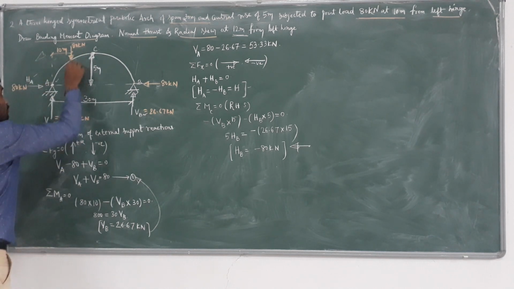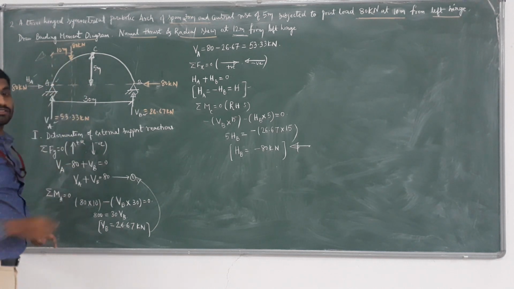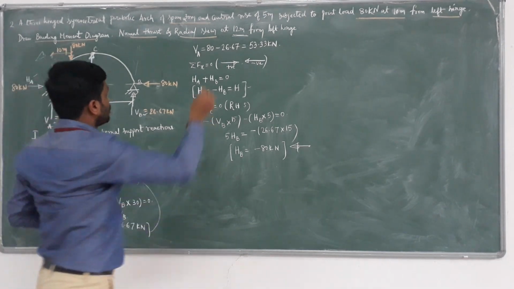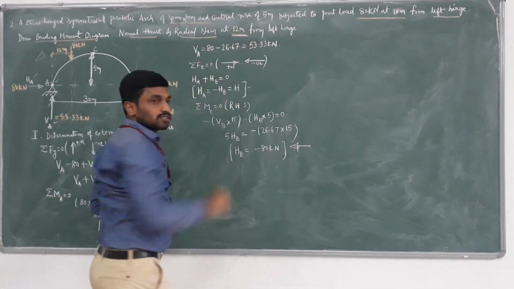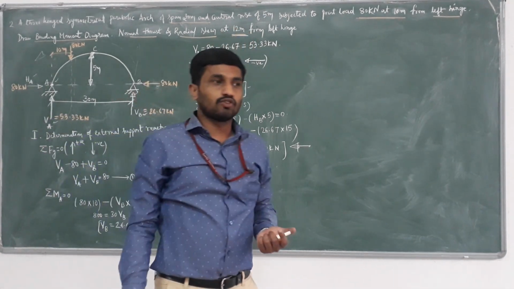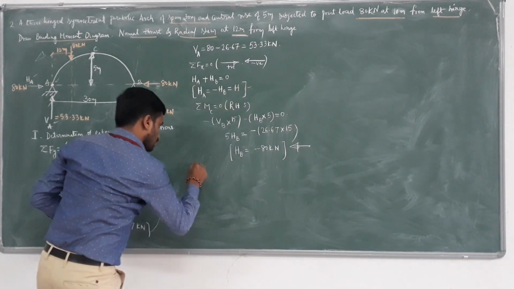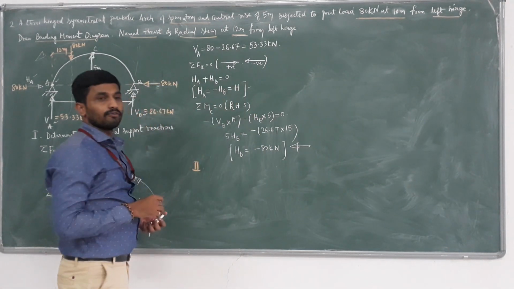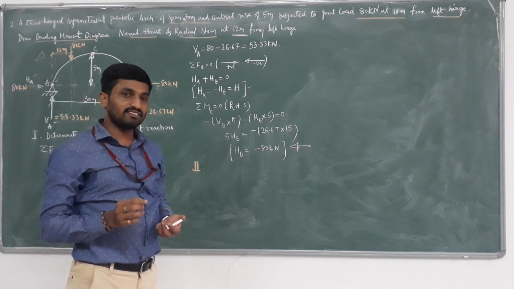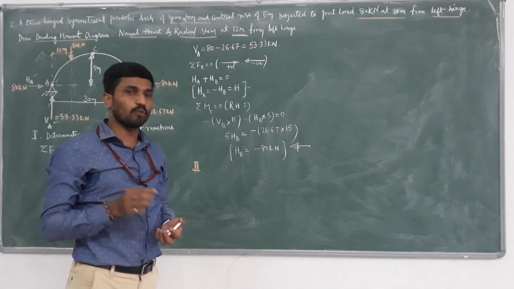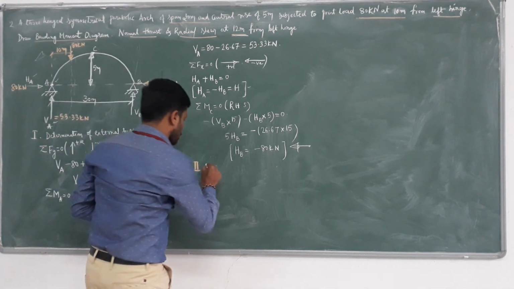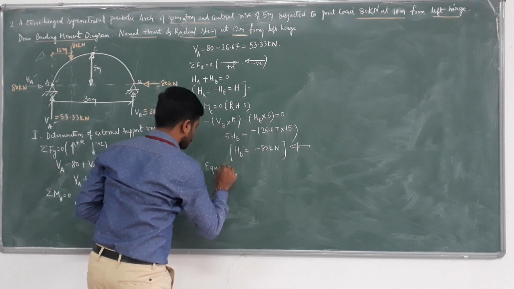I don't know the value of y and so on. I know x, he has given the x value, the horizontal distance. So in the second step, we are computing the rise equation as well as the slope equation. We know the equation of a parabola.